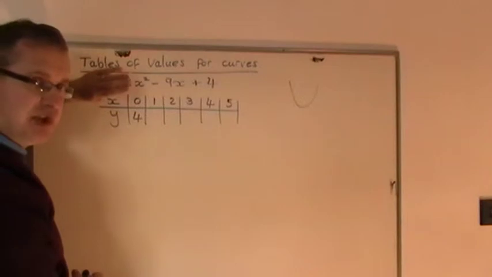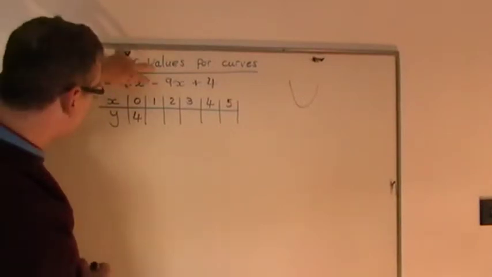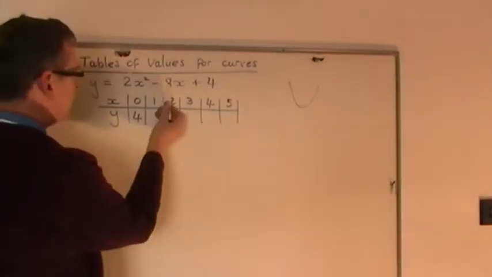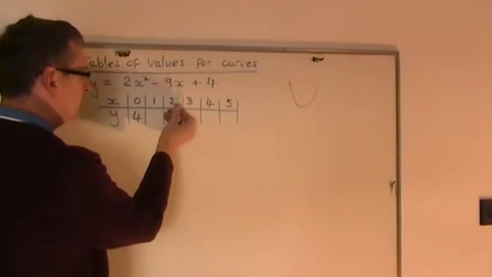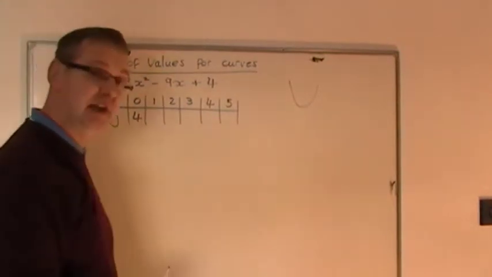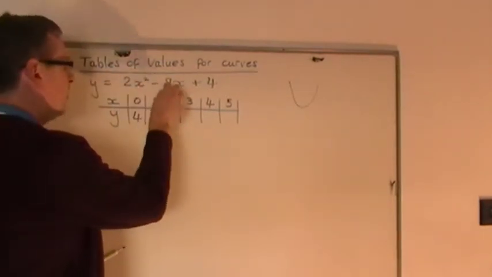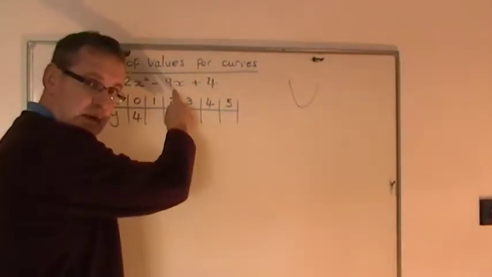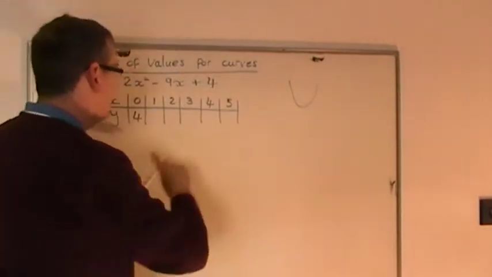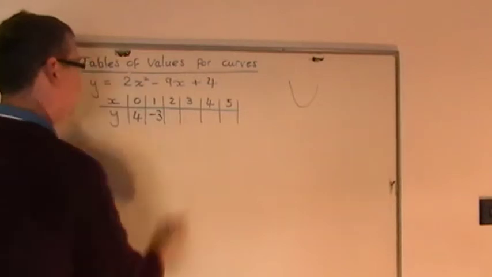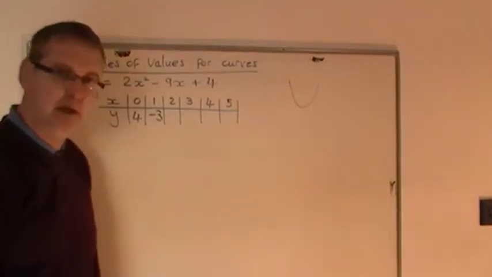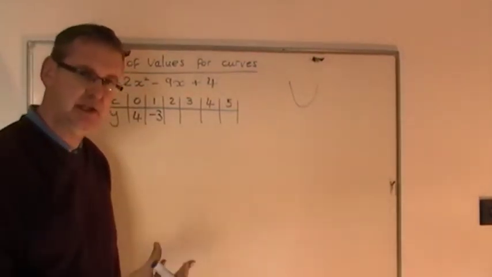You double it, you get 2. Minus 9 times 1 is minus 9. So you've got 2 take away 9, which is minus 7. Minus 7, add 4, you get negative 3. So I've done those two in my head because they were a bit easier.